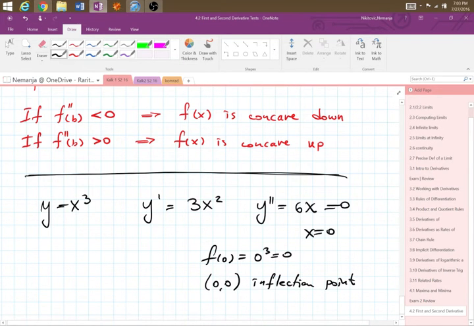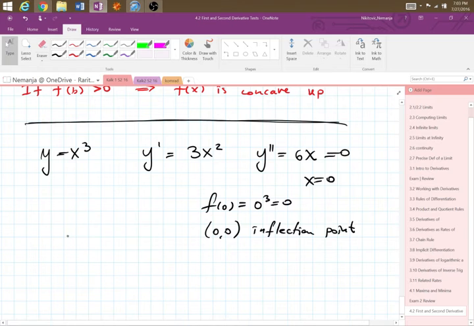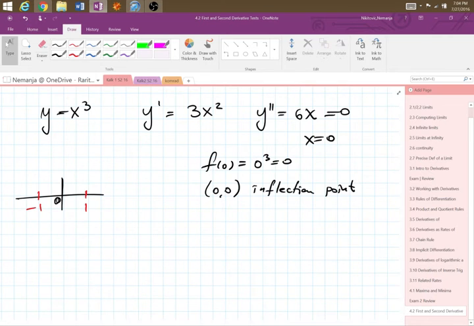Once you have the inflection point, we do the partitioning here. There is 0. Choose, again, -1 and 1 because we can. It's x cubed, so it has the whole domain, so we don't have to worry about that. And just run the test.